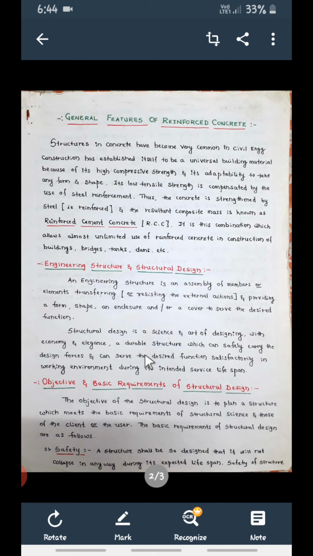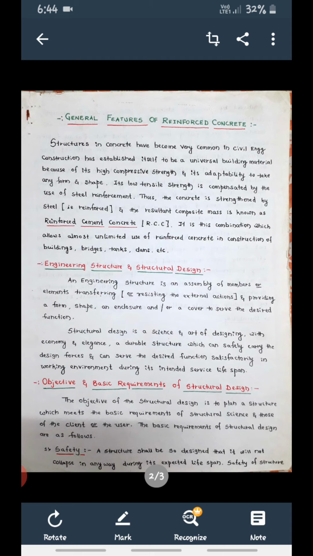The structure shall be so designed that it will not collapse anyway during its expected lifespan. When you construct a building or any structure, we design it for some lifespan, about 120 years, 150 years, like that.